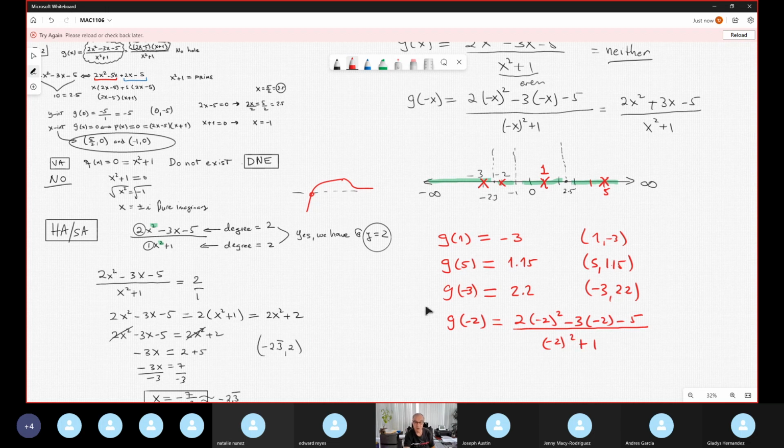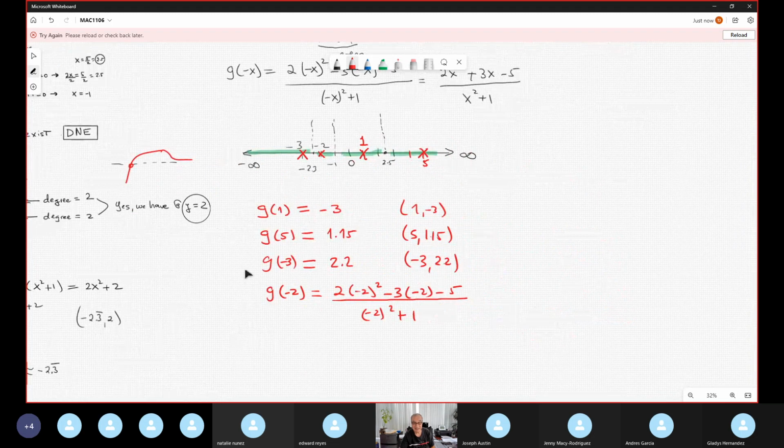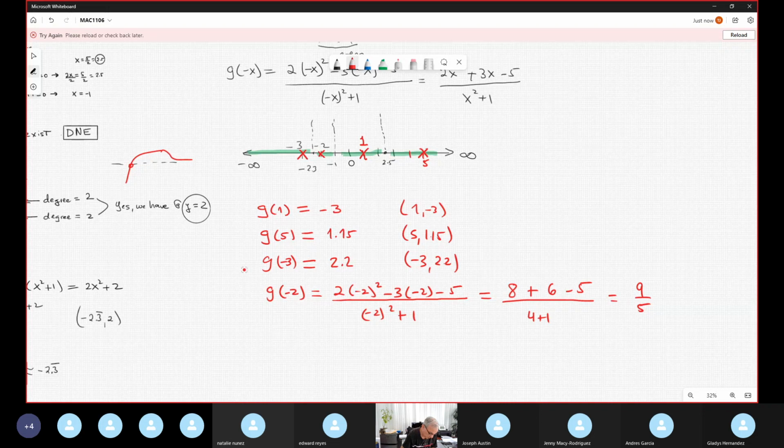Negative 2 squared is 4. 4 times 2 is 8. Double negative becomes positive, 6 minus 5 over 4 plus 1, which is 5. This is 14 minus 5, which gives 9 over 5. And 9 over 5 in decimal is 1.8.